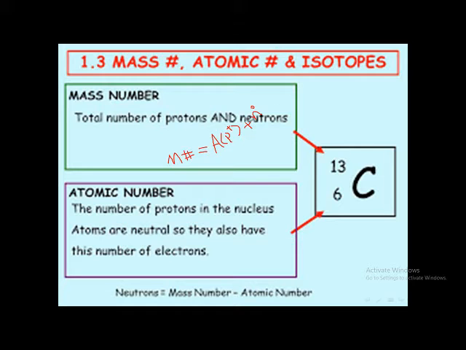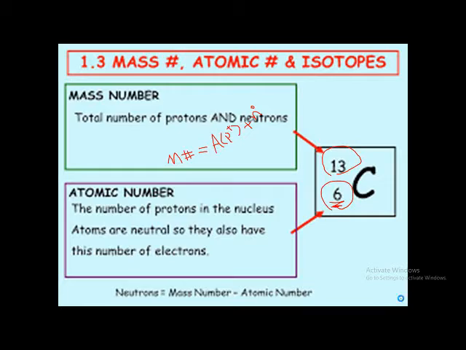Okay, so we have this large number and this small number. The small number always represents the atomic number, and the large number represents the mass number, and that is the difference between atomic and mass number.